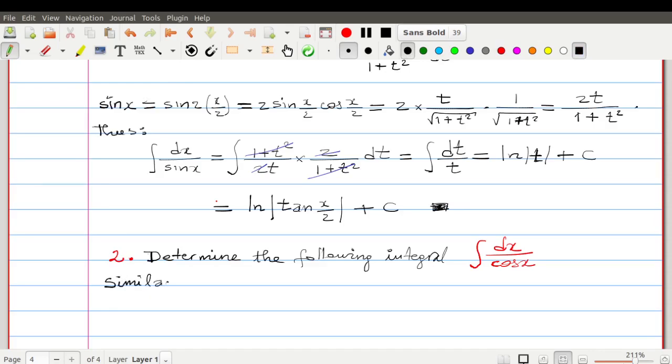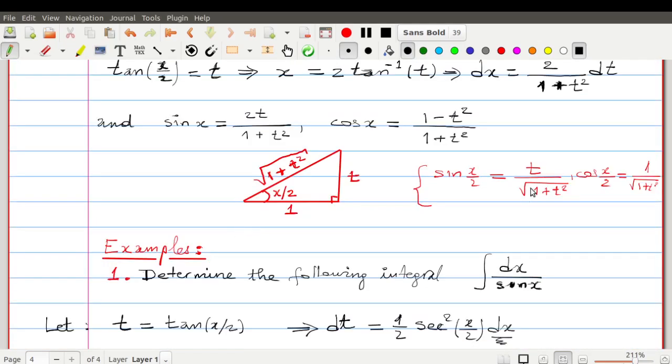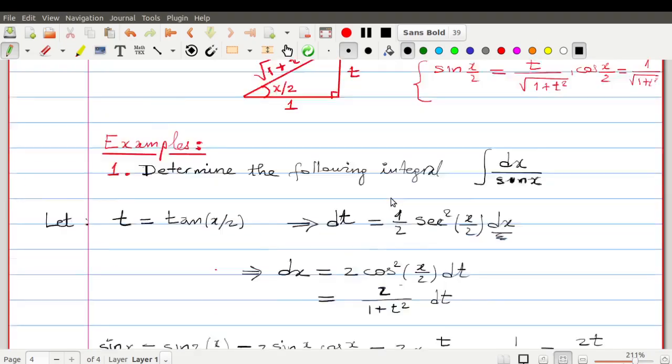Similarly, I can write cosine x in terms of sine or cosine of the half angle.